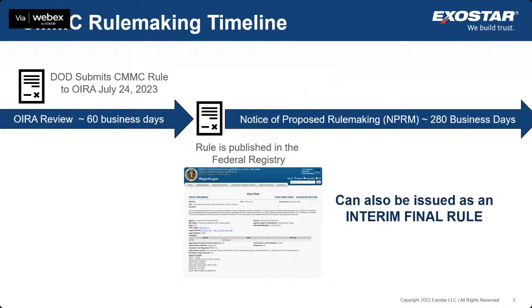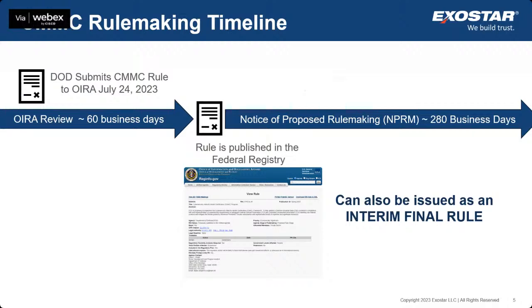It goes out for a public comment period, and the Department of Defense needs to address those public comments and adjust or adjudicate those within the rulemaking process as necessary. That process takes approximately 280 business days, so that would push out, if you will, the CMMC rule finalization to 2025 or very late in 2024.